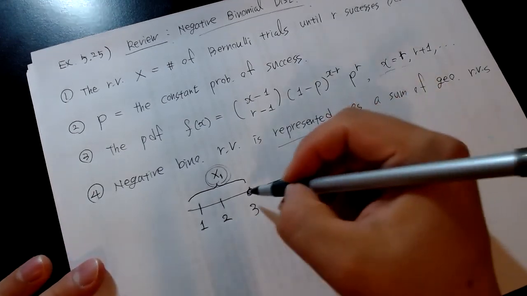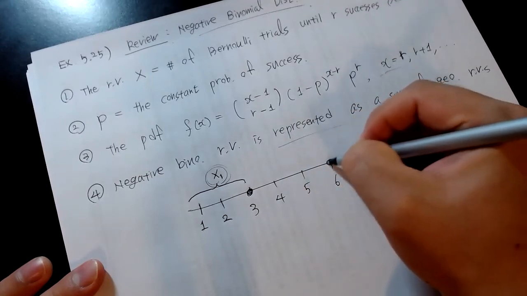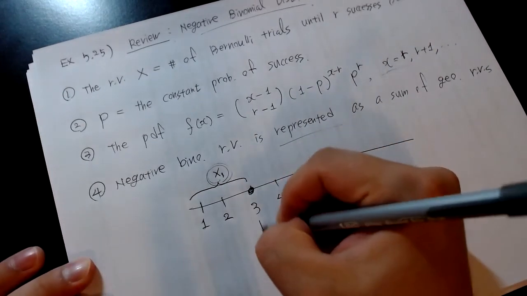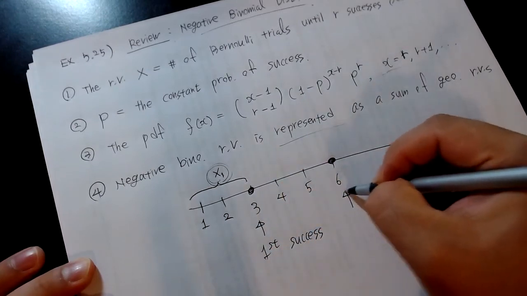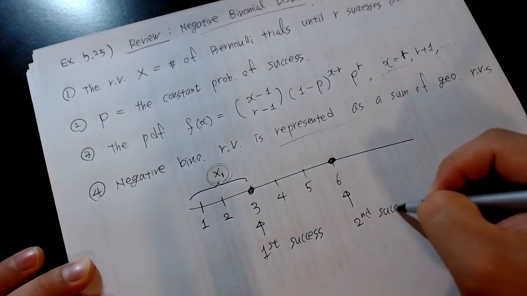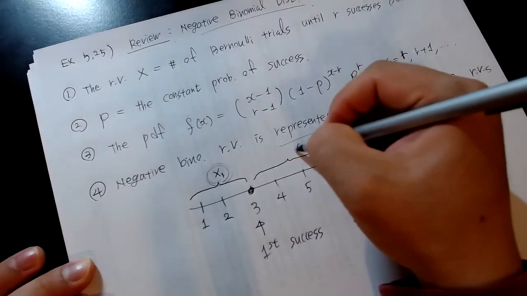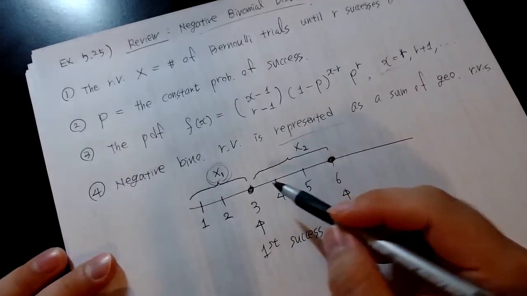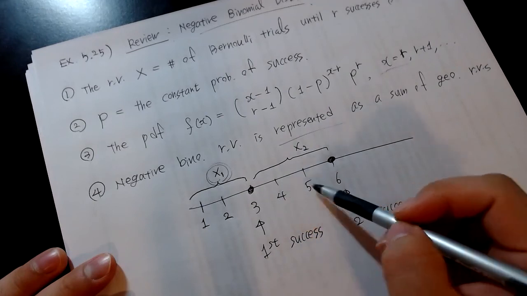Now starting from here, the fourth trial, the fifth trial, and the sixth trial. Let's say we got the second success at the sixth trial. By the way, this is the first success and this is the second success. Let's define this as X2. Its possibilities are 4, 5, 6.